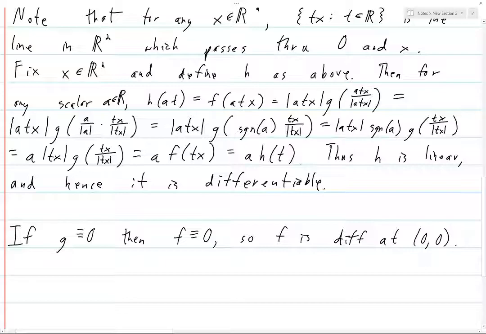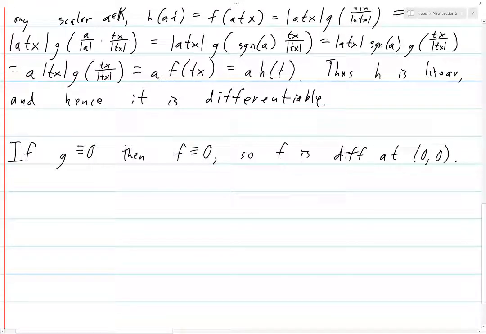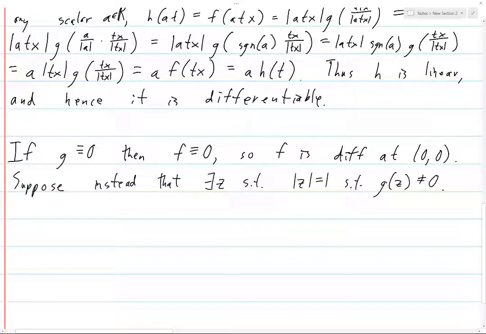Okay? What if that's not the case? Suppose instead that there exists some z on the unit circle such that g of z is not equal to 0. We want to prove that f is not differentiable at the origin.